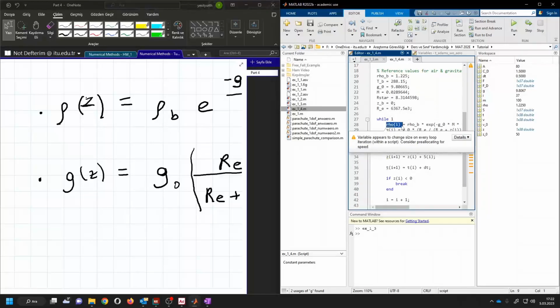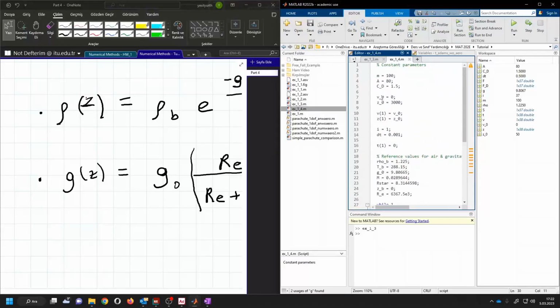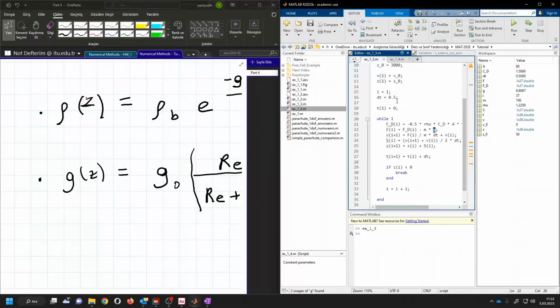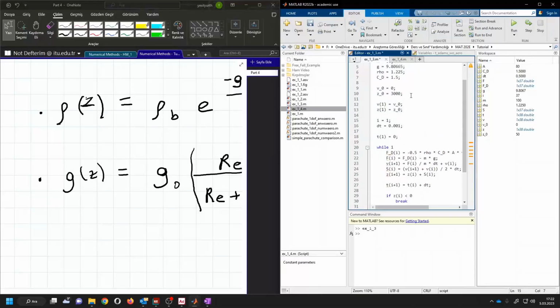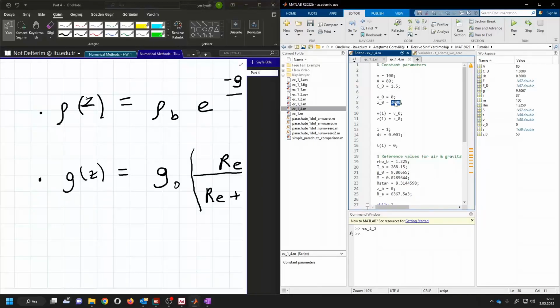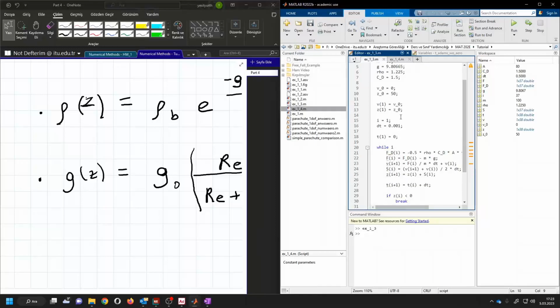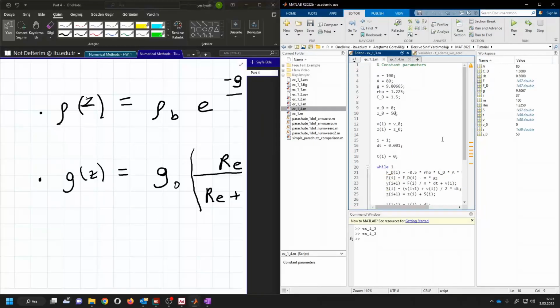Here, rho of I and G of I, just like the other parameters and variables. So let's run our model with the similar properties, with my initial conditions. I'll first run this.